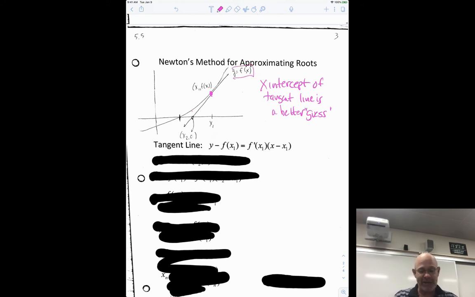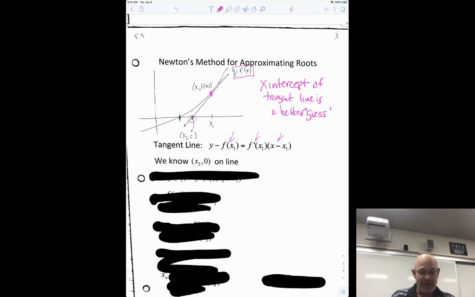So the tangent line is y minus y1 equals slope times x minus x1, or y minus f of x1, which is my y value, equals the slope, which is the derivative, times x minus x1. Even though I don't have any numbers here, it's just x's and y's, I'm writing the tangent line.